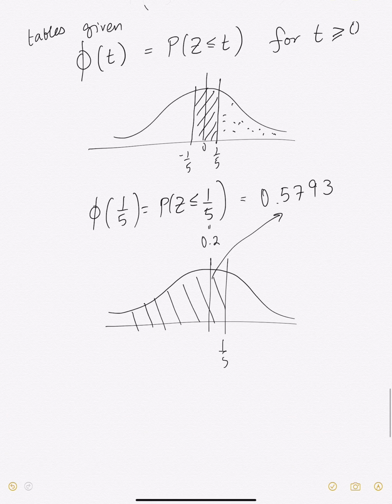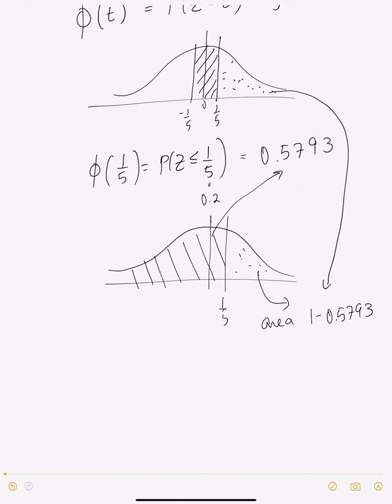Now, do you know what this dotted region is? This area will be 1 minus 0.5793, so that is 0.4207. That is the probability that Z is bigger than 1 over 5.